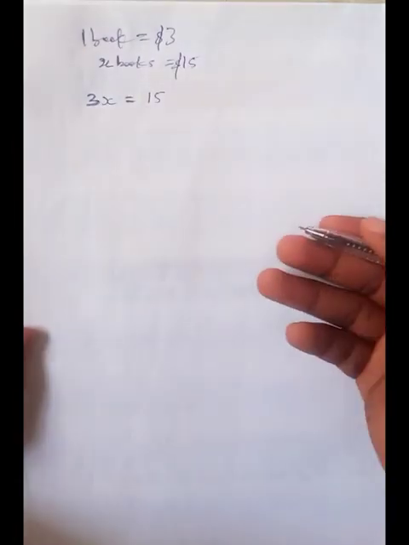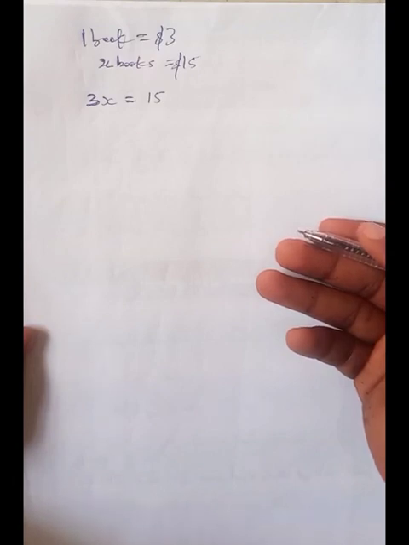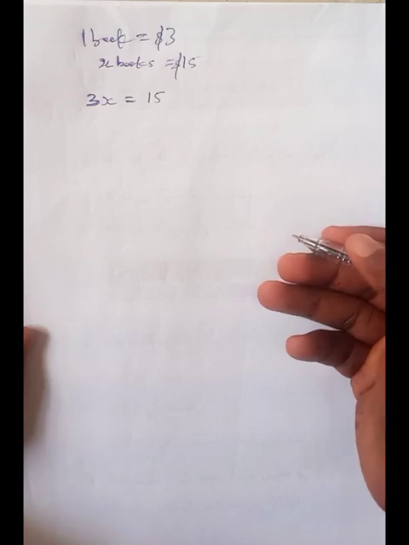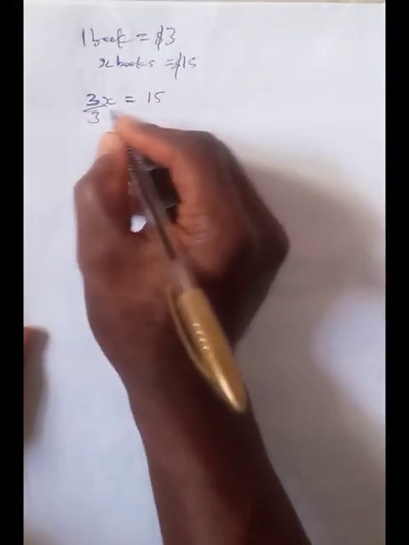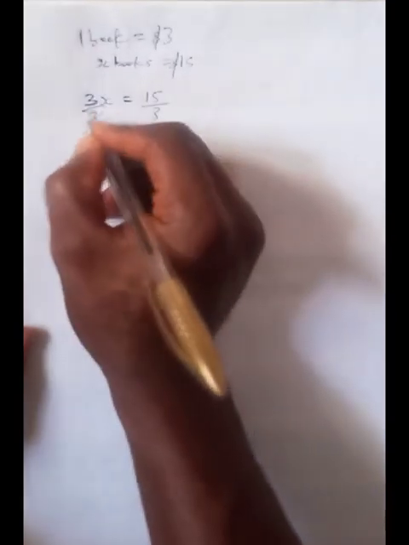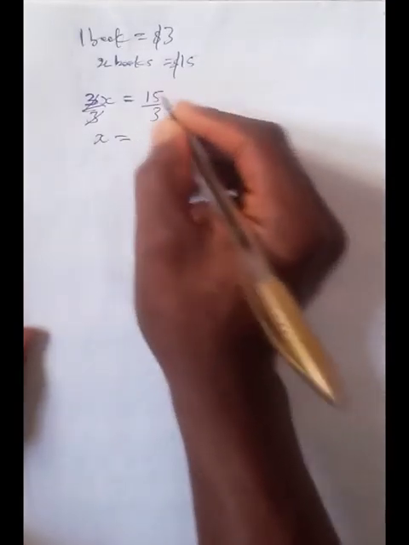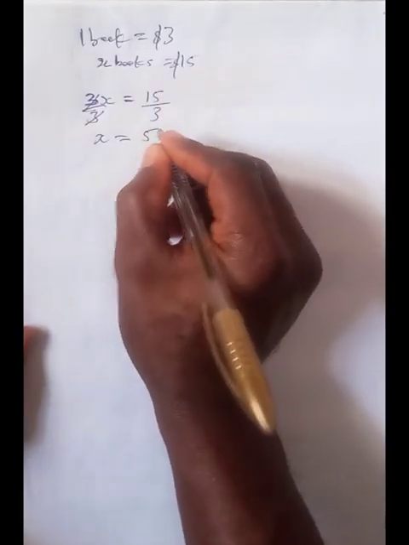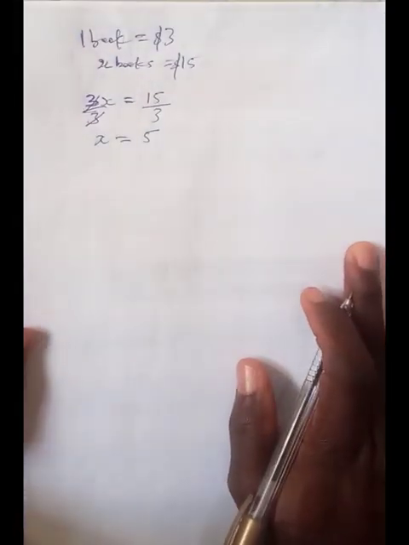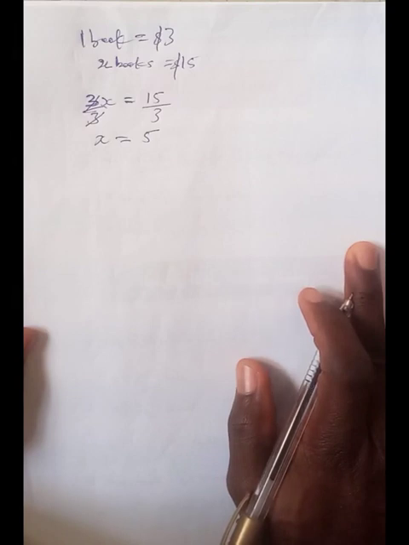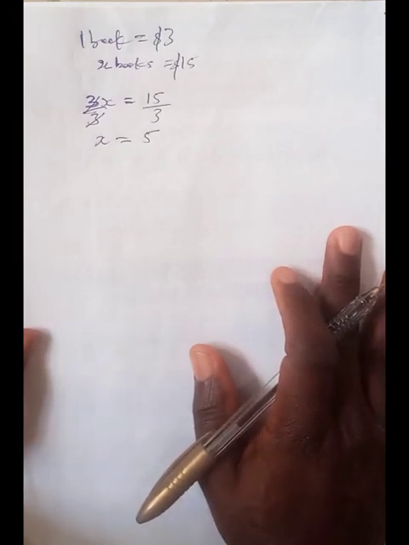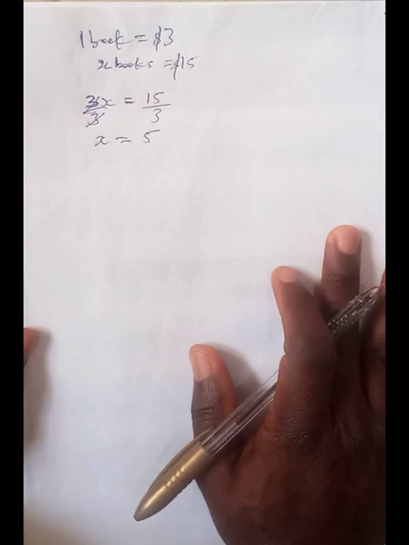We isolate our variable by dividing both sides by 3. This cancels this. That means our x is equal to 15 divided by 3. That is 5. So I bought a total of 5 books, because our variable is x books. Do you get it?